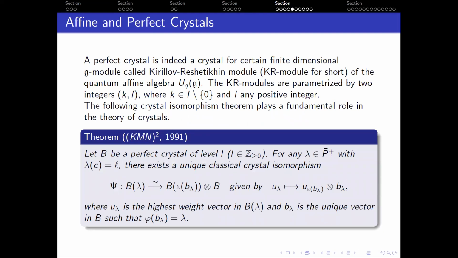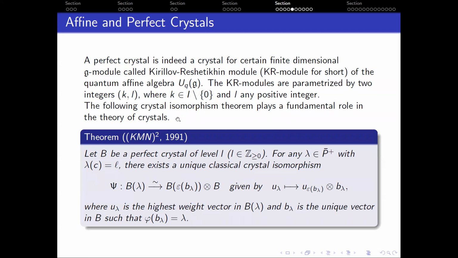Indeed, these perfect crystals, we didn't know at the time, but later we found out, are actually crystals of certain finite dimensional modules called KR modules for the quantum affine algebra U_q(g). This was actually proved later. They are parameterized by 2 parameters, k and l. l is the level, k is the Dynkin node.